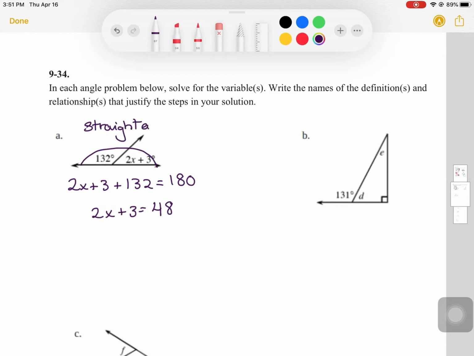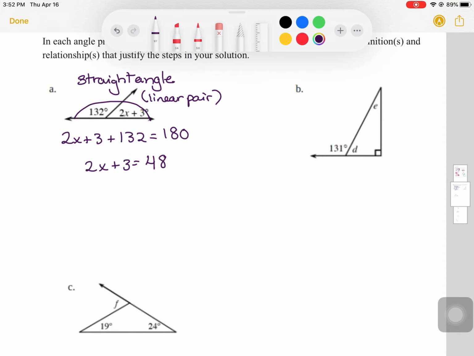So that would be, this is a straight angle. Another way of referring to this, which you'll hear when you get into geometry, is as a linear pair. All right, and then part B brings into play this idea of remote interior angles. But again, I don't know if you noticed, but you've got a straight angle right here.